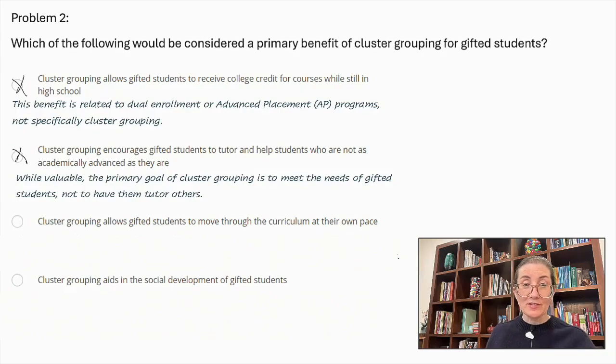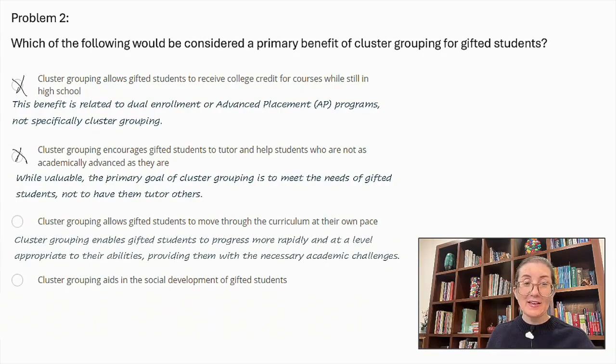Cluster grouping allows gifted students to move through the curriculum at their own pace. Cluster grouping enables gifted students to progress more rapidly and at a level appropriate to their abilities, providing them with the necessary academic challenges. So that sounds right, but let's look at the very last one.